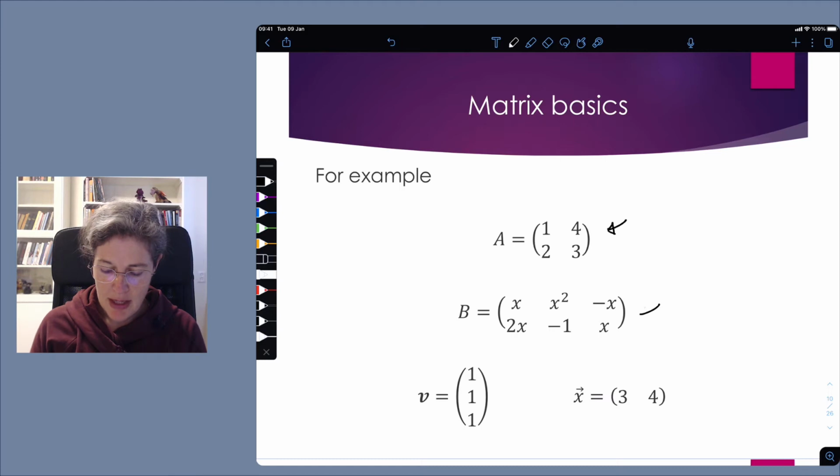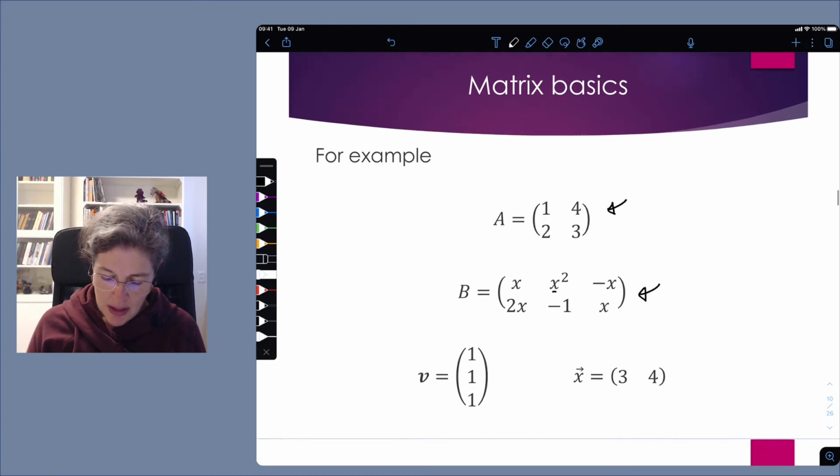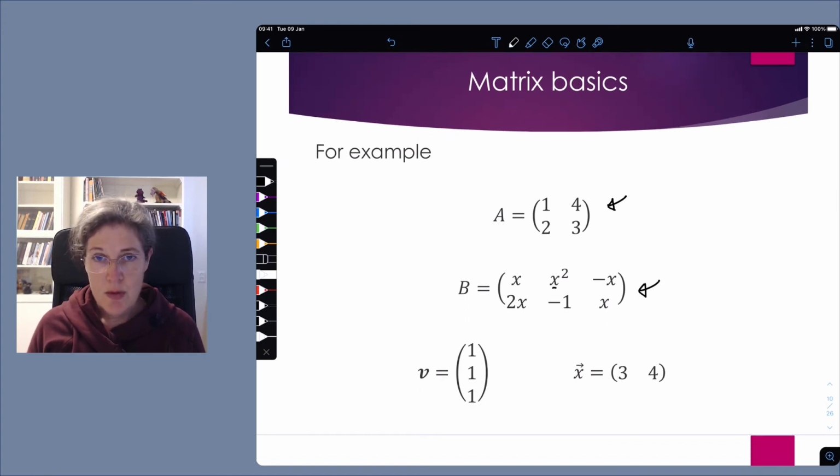Our matrix B, so notice here I have variables which are still representing numbers. So you can have, as I said, functions within matrices, because each of these is a function. And this has 2 rows and 3 columns. Now, we sometimes refer to matrices which have, for example, only 1 column or only 1 row as vectors.